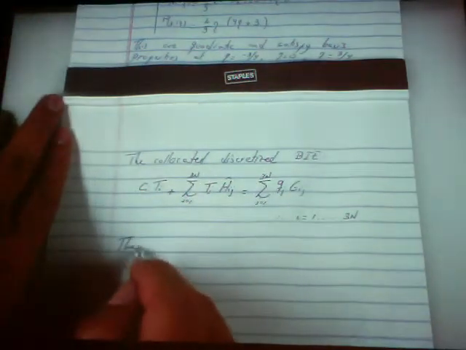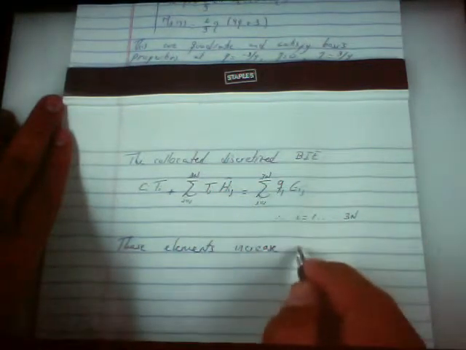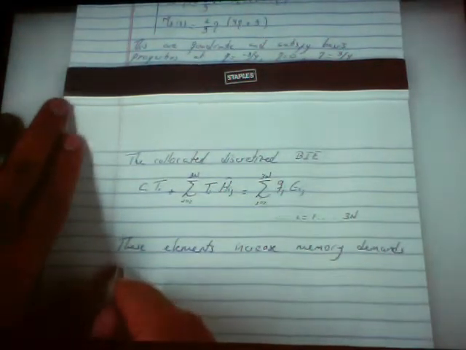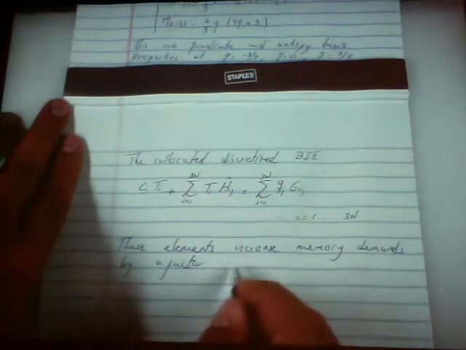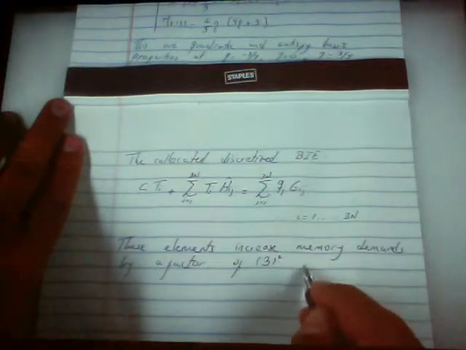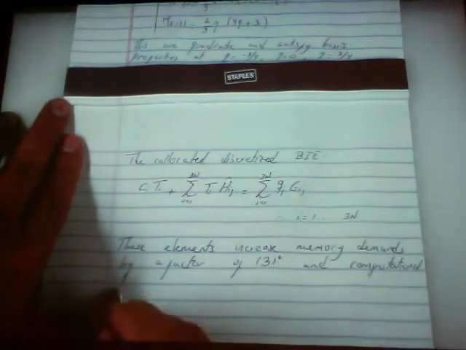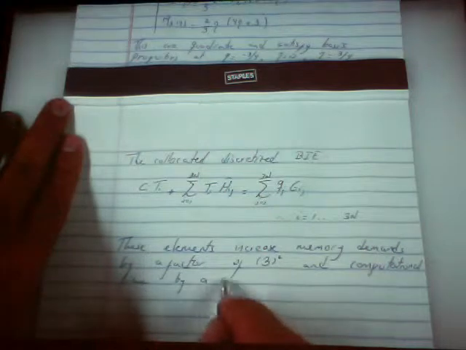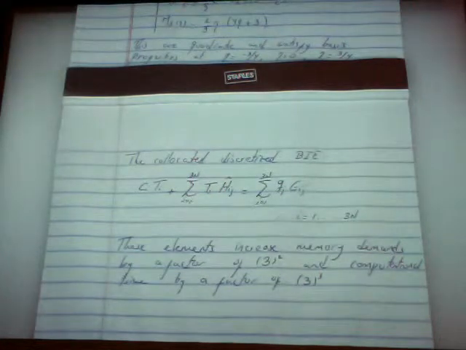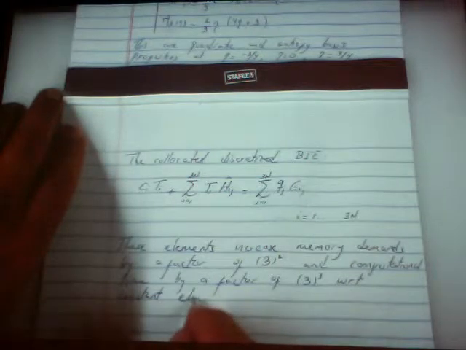So these elements increase memory demands by a factor of 3 to the power of 2, and computational time by a factor of 3 to the power of 3, that would be 27, with respect to constant elements.